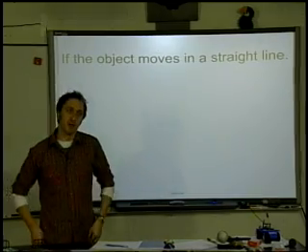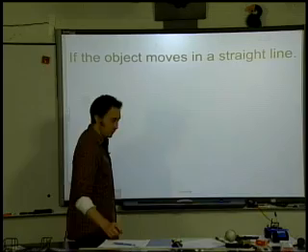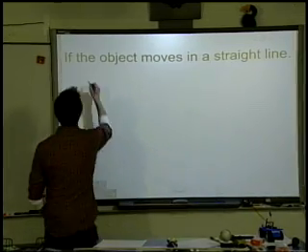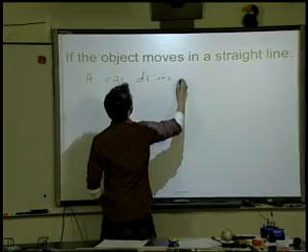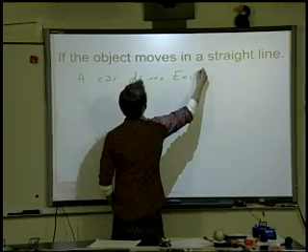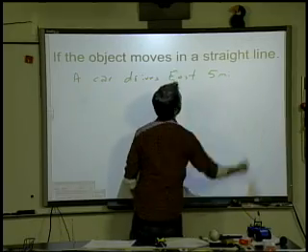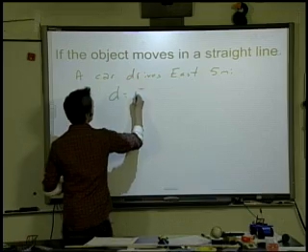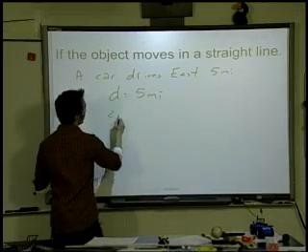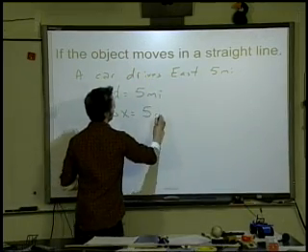If the object moves in a straight line, well, let's do this. Suppose we had a situation where a car drives east 5 miles. Well, in that case, if it's going straight east, then your distance is going to be 5 miles, and your displacement is going to be 5 miles.